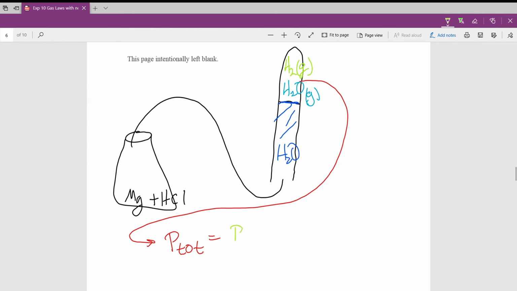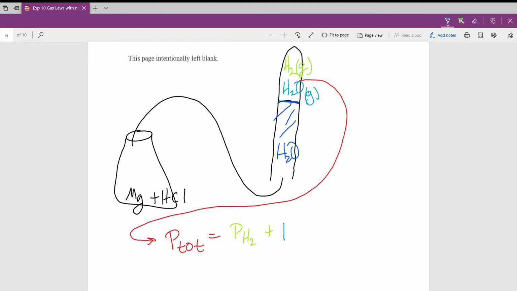So the partial pressure of hydrogen gas plus the partial pressure of the water, gaseous water. Those are partial pressures. If you're not sure what a partial pressure is, you may need to go back and review your lecture notes or shoot me an email.